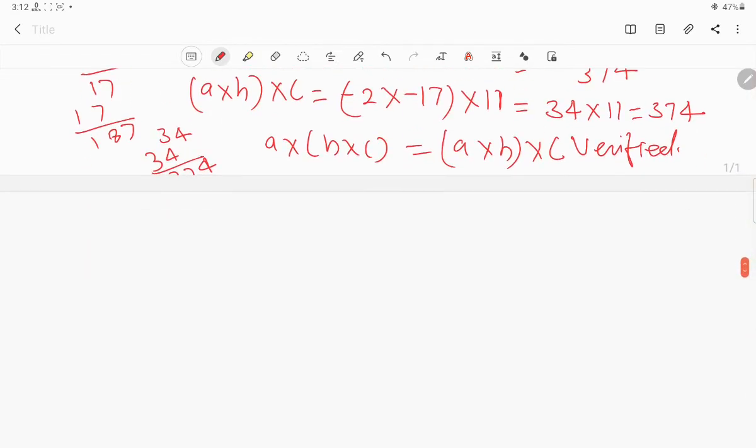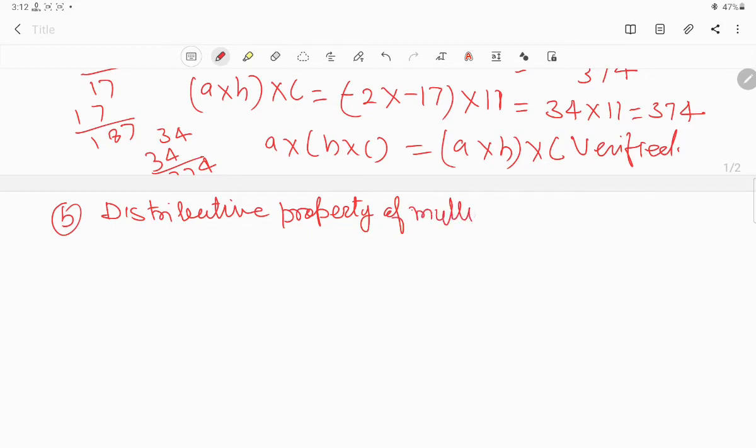Now I am going to verify the distributive property of multiplication. See B. Distributive property of multiplication. What is that?